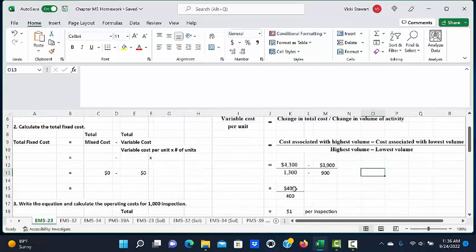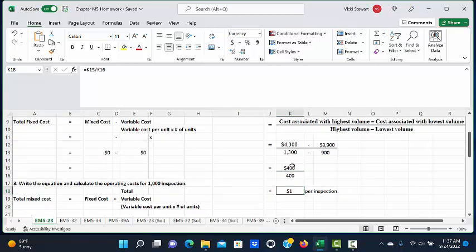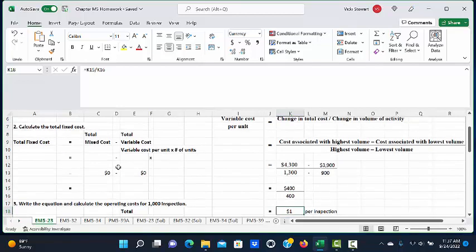So the spreadsheet has calculated for us the numerator, which is $4,300 minus $3,900, or $400 as the change in total cost, and also for the denominator, 1,300 inspections minus 900 is 400 inspections. So when we divide 400 inspections into $400, we get the variable cost of $1 per inspection.